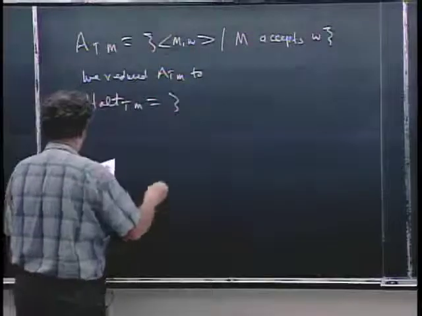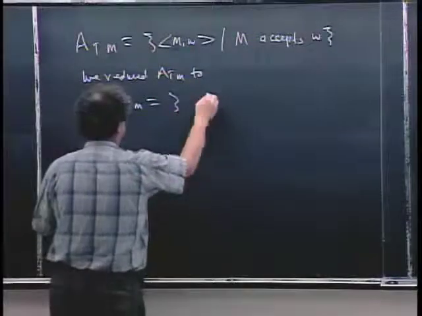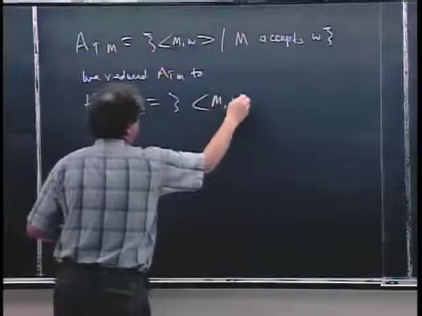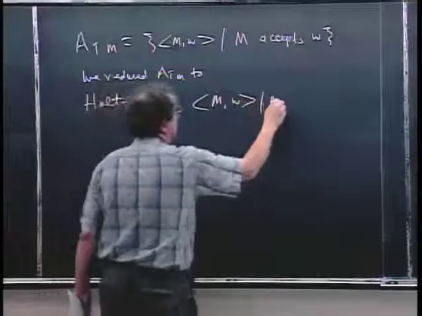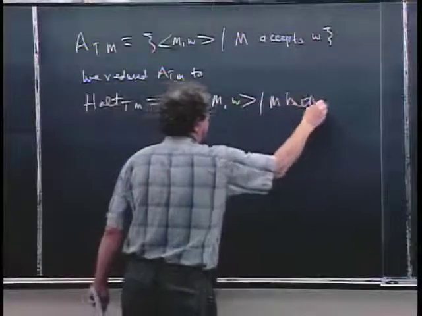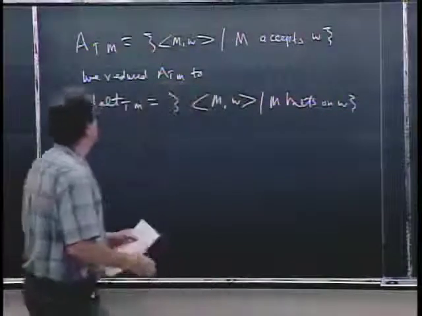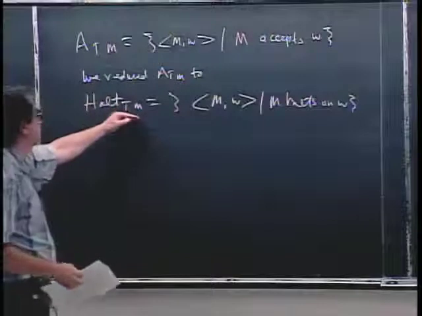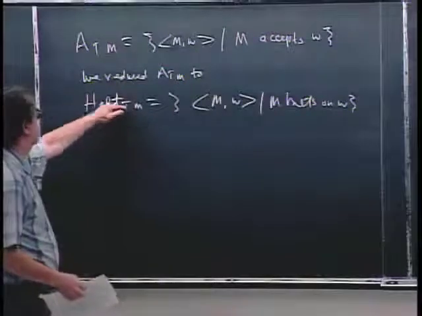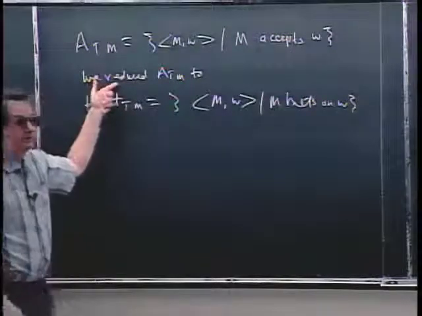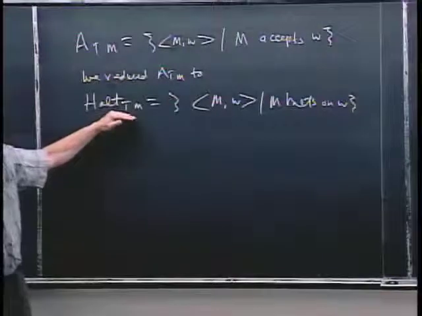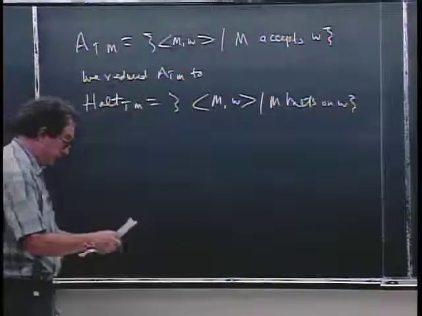That's the set of pairs M, W such that M halts on W. Okay? So we reduced ATM to this, and since ATM is known to be undecidable, that implies that this is undecidable.